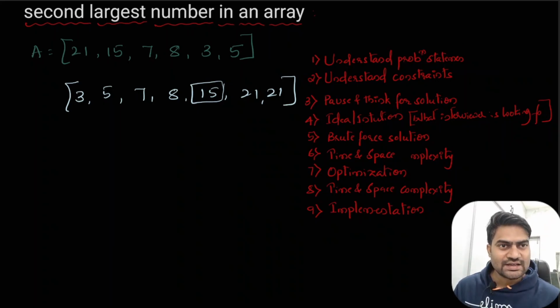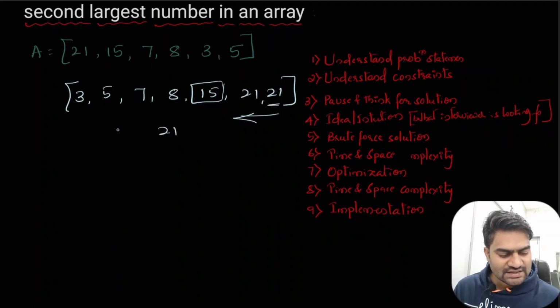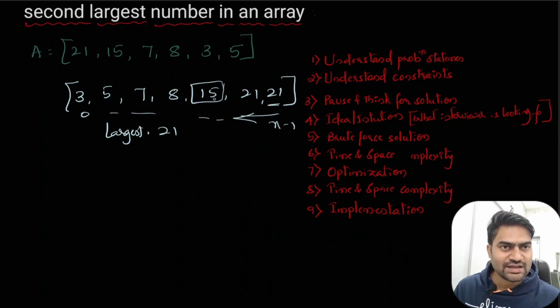So in this case, we need to iterate from the last and check that it is not the largest number. We can keep 21 as the largest, then traverse from n minus 1 till 0, and if the number is not 21, immediately stop and return that number. That way we get the second largest number.